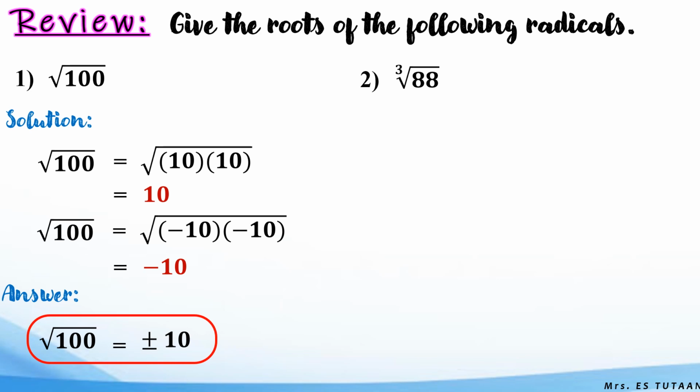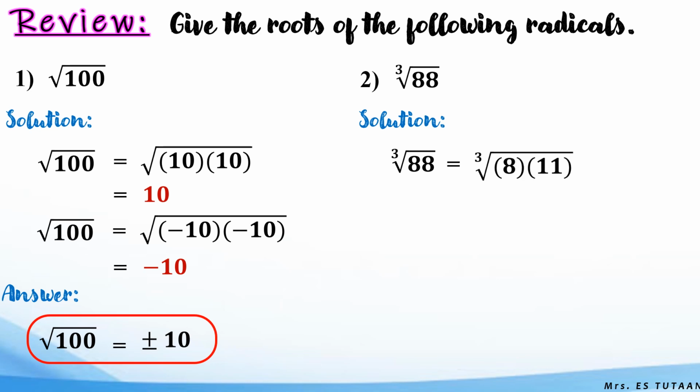What about the cube root of 88? So, mag-isip tayo kung ano ang mga factors, dalawang factors ng 88 na yung isa ay perfect cube. So, pag sinabi nating perfect cube, isusulat natin yung number na yon as factors tatlong beses.